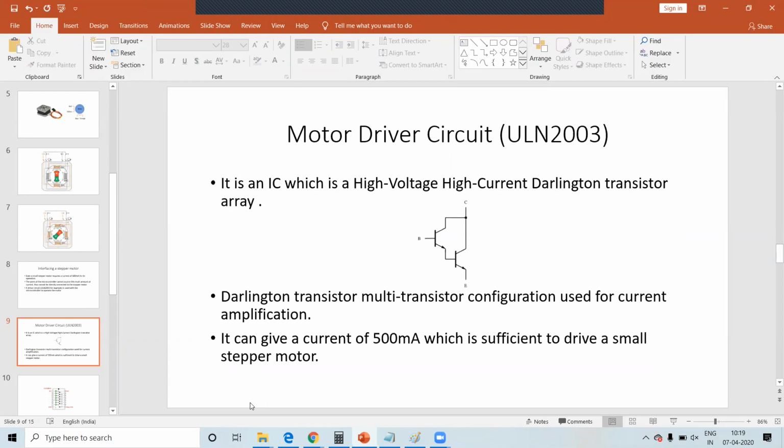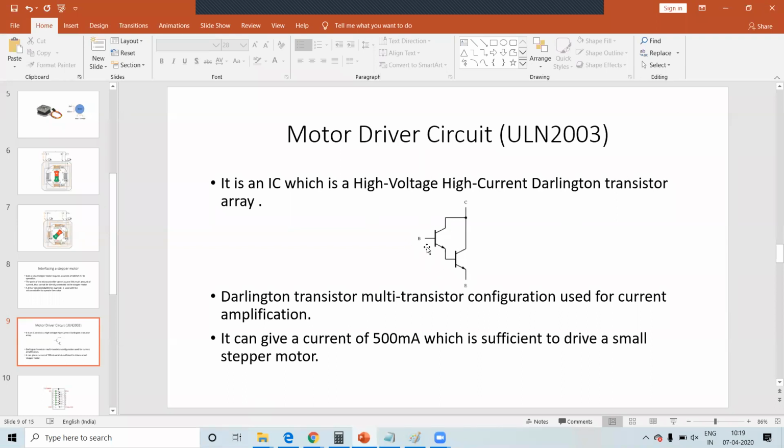I hope you have studied what is meant by a Darlington transistor in your electronics. Just let me refresh it. It is a multi-transistor configuration used for current amplification. In this diagram, you can see that two NPN transistors are connected so that whenever current flows through one transistor, the output is given as the input to the other transistor.